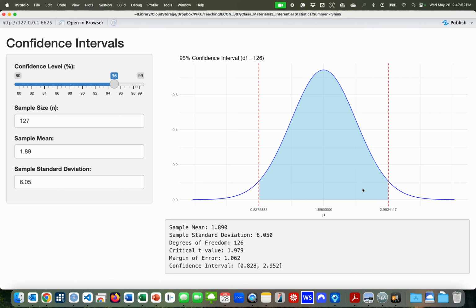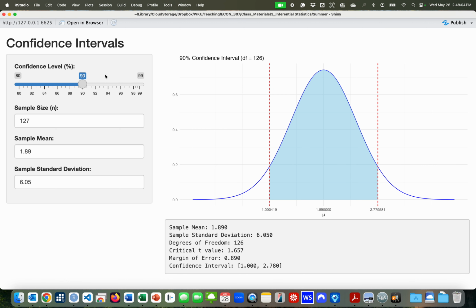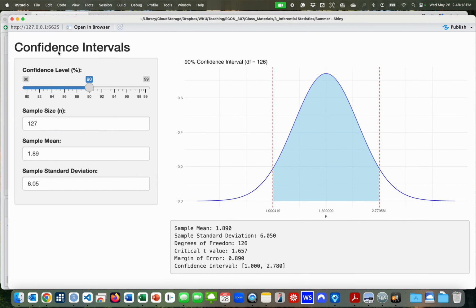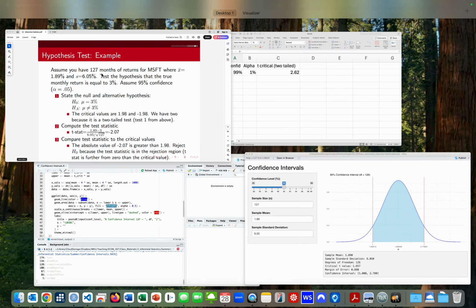So whether you reject or not depends on how confident you want to be. If you're okay not being extremely confident, maybe we're at 95, we reject. If we went down to 90, which is also somewhat standard, we would also reject. If you're 95% sure they're wrong, you're also 90% sure they're wrong, but it doesn't go the other way around. So that's how we can use a confidence interval for a two-tailed test.